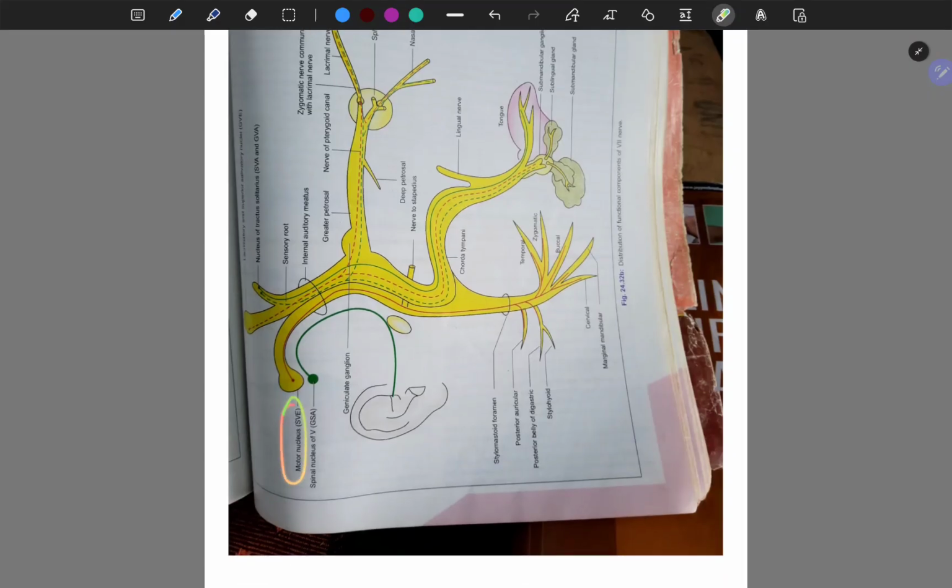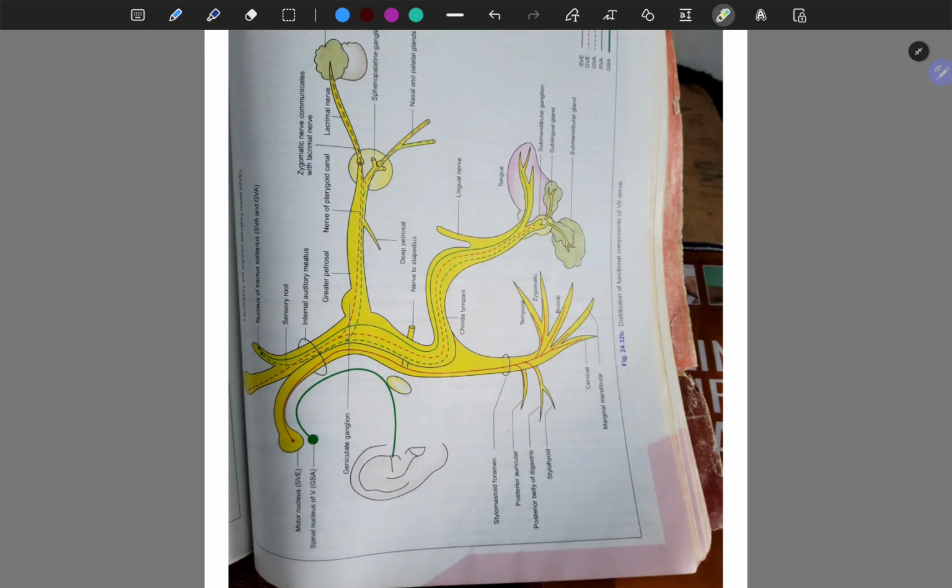The motor nucleus, with special visceral efferent fibers arising from the second pharyngeal arch, will supply the motor branches. The nucleus of tractus solitarius will reach the tongue via the chorda tympani nerve, which joins the lingual nerve, a branch of the mandibular division of the trigeminal nerve.